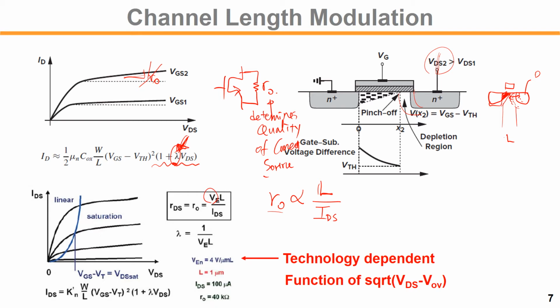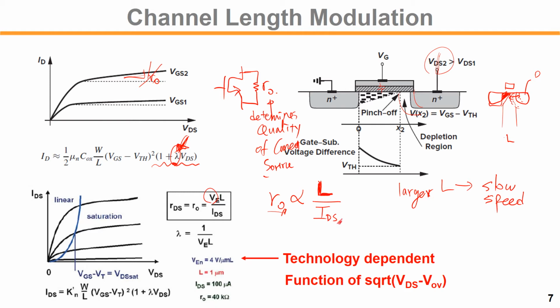It is important to have a large L to get a large RO, but this results in a larger device size and larger input capacitance. So larger L results in slower speed. But in some cases where you don't care about speed, we can increase L.